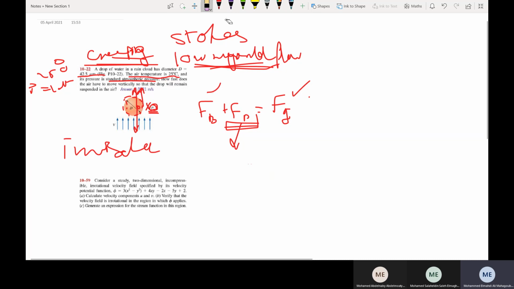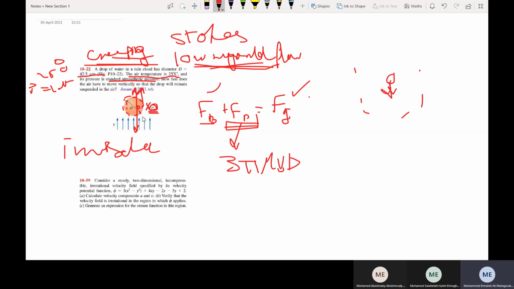There was a question in the slides in which you did the same thing, but the difference is that the particle was moving with respect to the air. This is the air, the particle is moving. Now here, the particle is suspended and the air is moving. There is no difference. In the end, the velocity in the drag equation, which is 3 pi mu V D, the V is the relative velocity between the object and the medium.